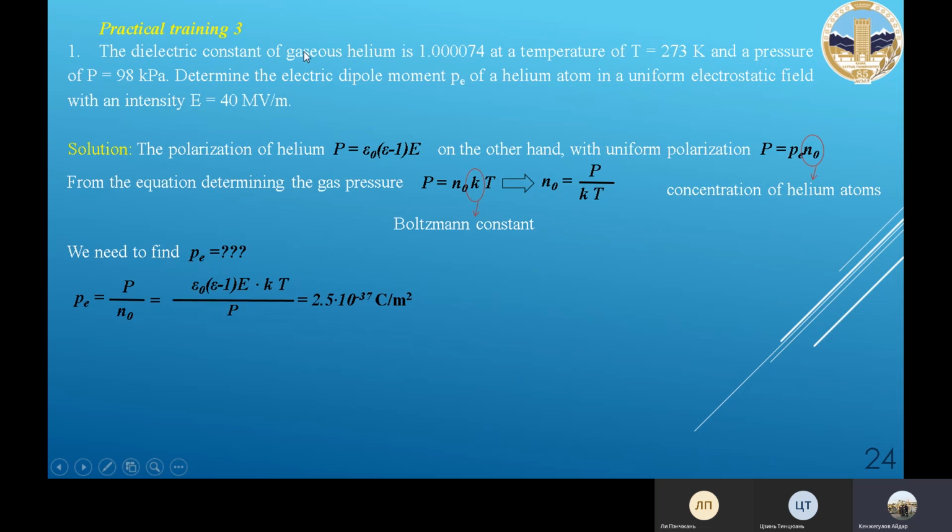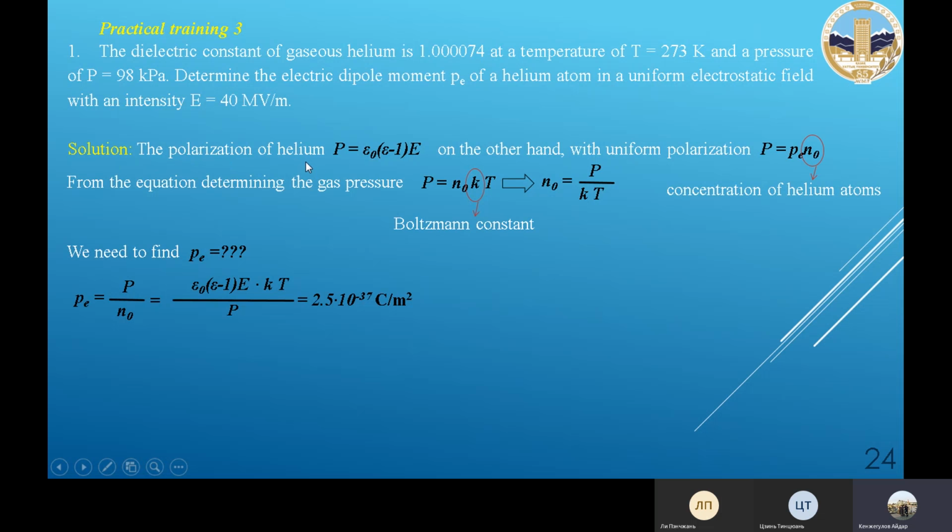The dielectric constant of the gas gallium is 1.00074 at a temperature of 273 Kelvin and a pressure of 98 kilopascals. Determine the electric dipole moment P of gallium atoms in a uniform electrostatic field with an intensity of 14. So, solution.